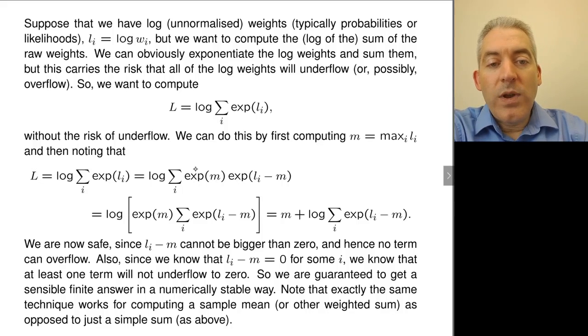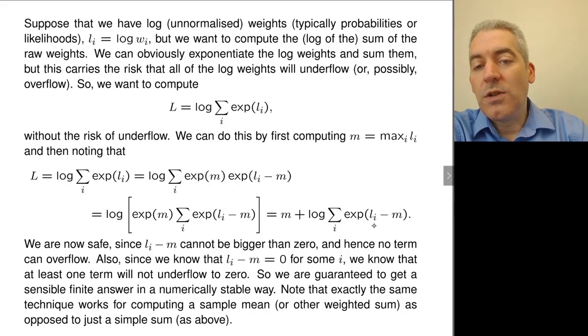And now we can pull out that exp of M from the sum. And now we've got the log of the product of two things, so that's just our M, which is the maximum of the log weights, and it just stays the same at the front. And then we add the log of the sum of these adjusted log weights.